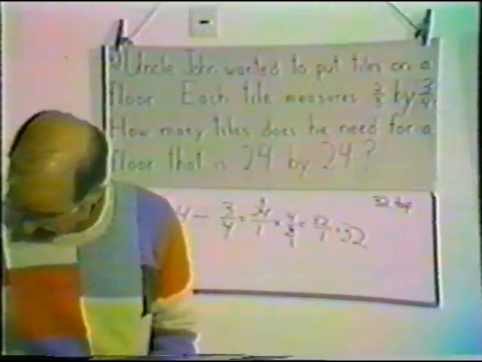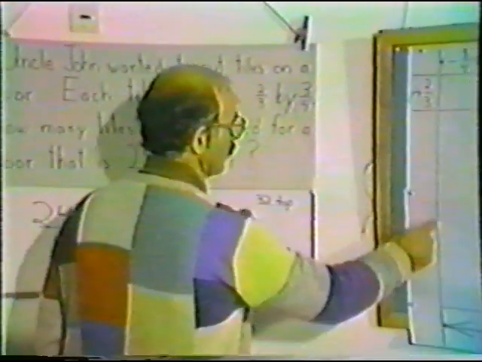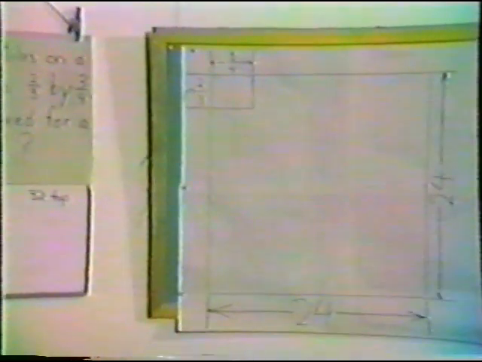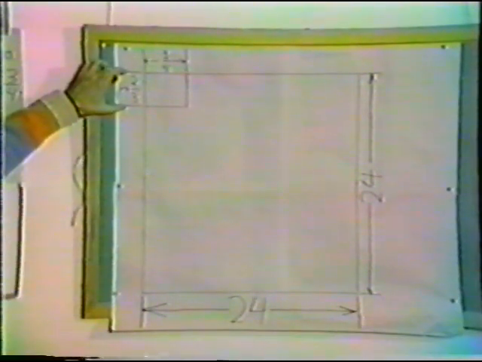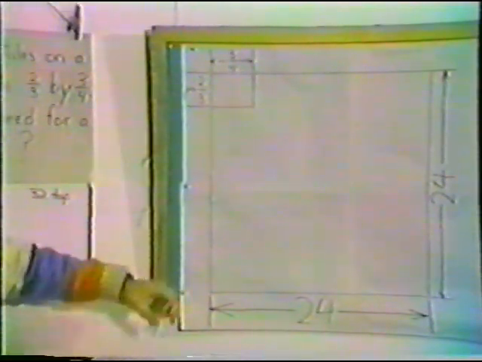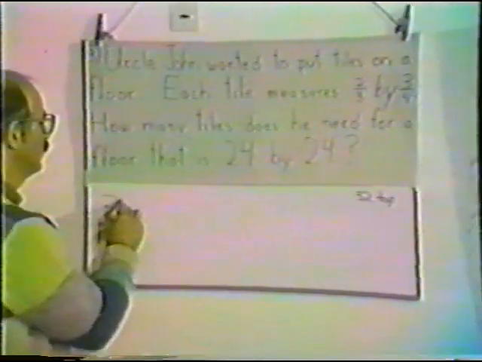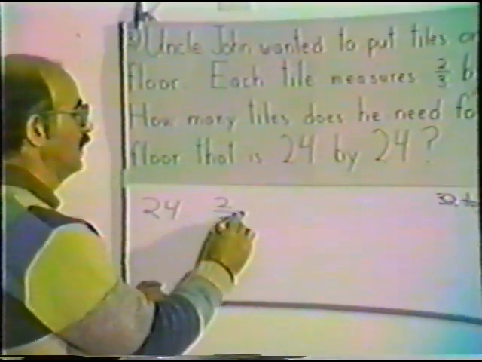Well, how many can we fit down the side? How many 2/3 are there in a distance of 24? What do I do with those two numbers, 24 and 2/3?